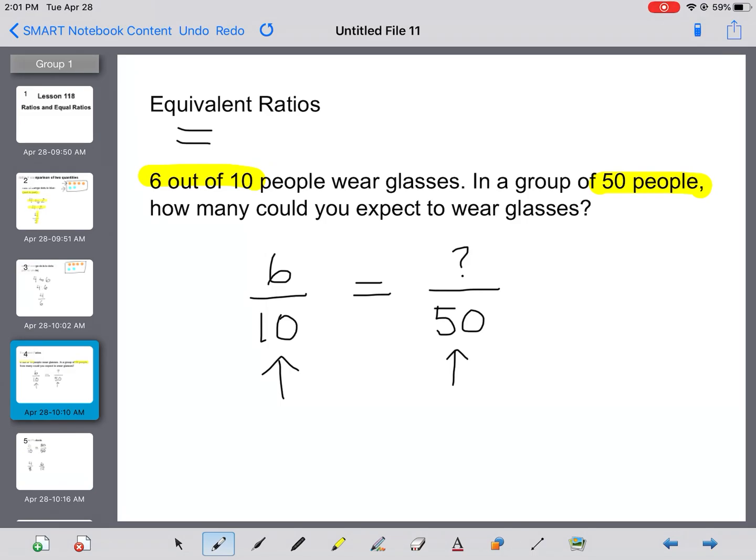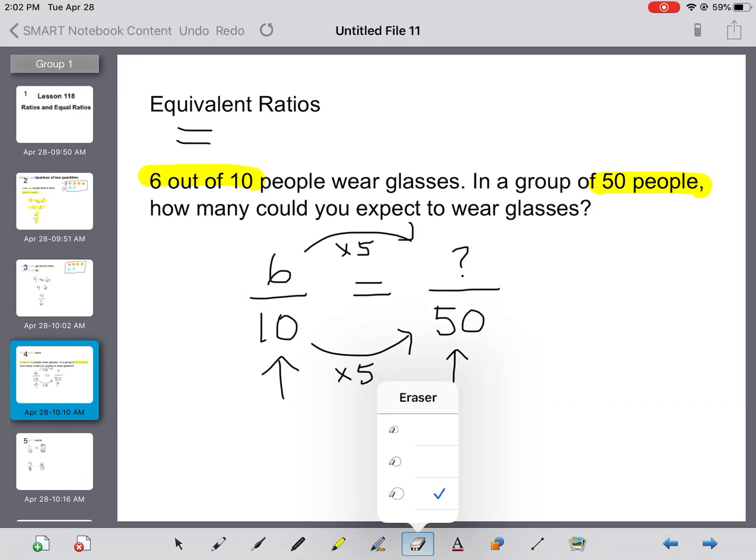And this works like an equivalent fraction. When we did equivalent fractions, you thought to yourself to take that denominator and turn it into a 50. What was being done to the 10? Well, it's being multiplied by 5. So all you have to do to find the missing number at the top here is do the same thing.